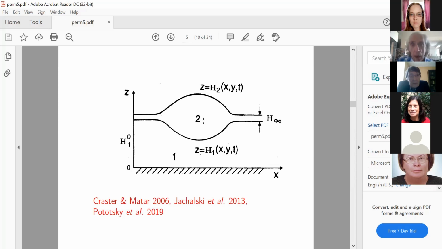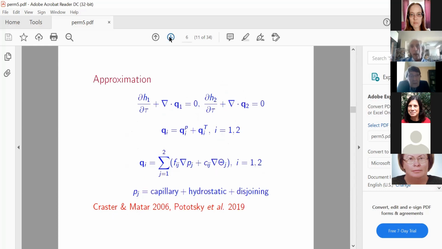Another simplification is the so-called lubrication approximation. Assume that our droplet is very flat, that the size across the droplet is small with respect to the diameter of the droplet, and the characteristic size of horizontal deformations is large.